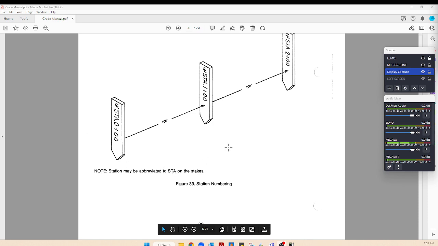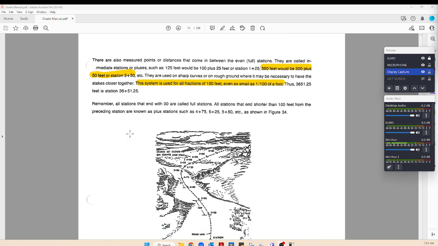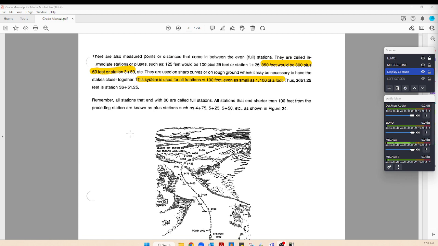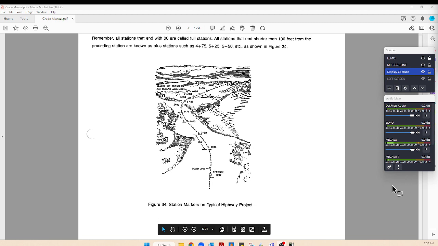The abbreviation for station is STA. Here's a good look at it. Although it's not a pretty picture, it's very explanatory. This is a highway being built, and as you can see, well, let's see what it says it is before I go claiming that's what it is.